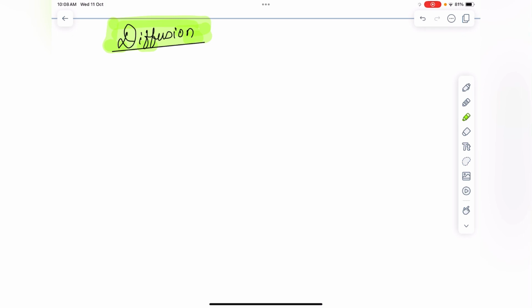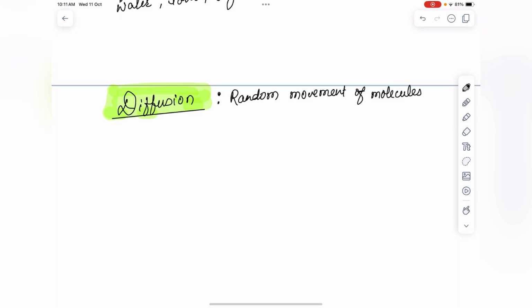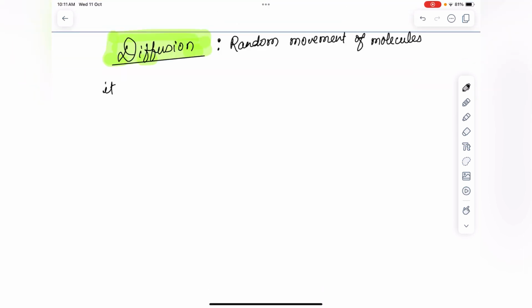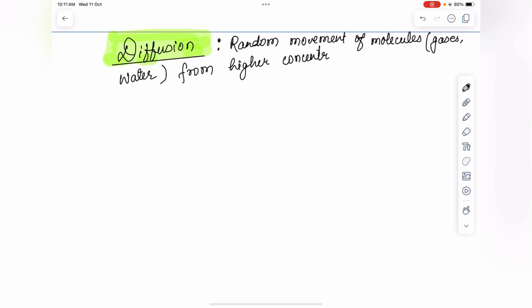So first we'll see what is diffusion. See the definition of diffusion. Diffusion is random movement of molecules. It may be like gases and water from higher concentration to lower concentration.